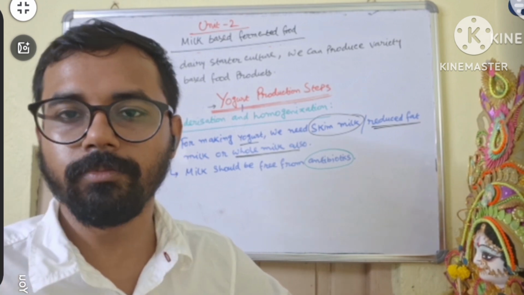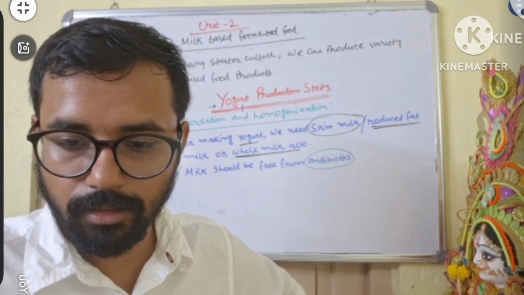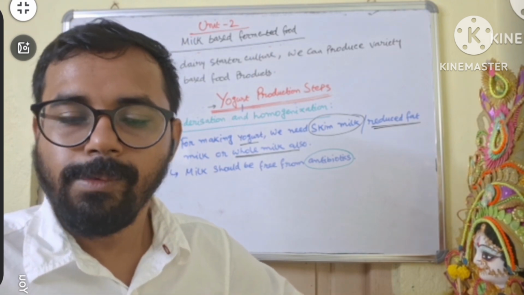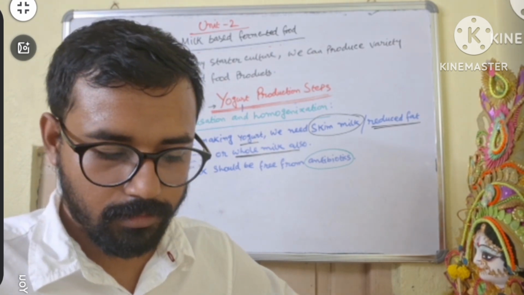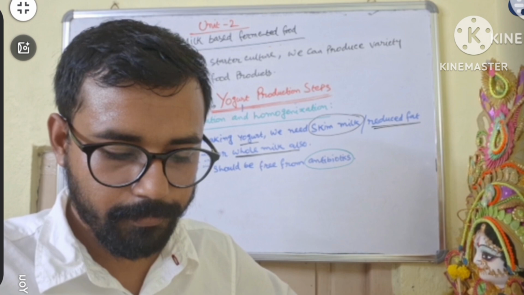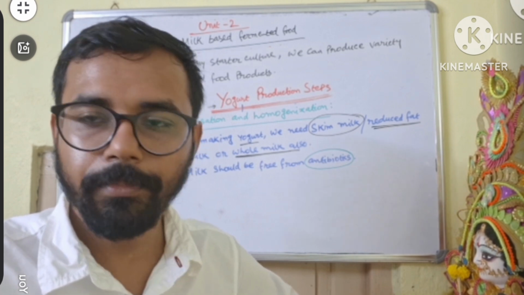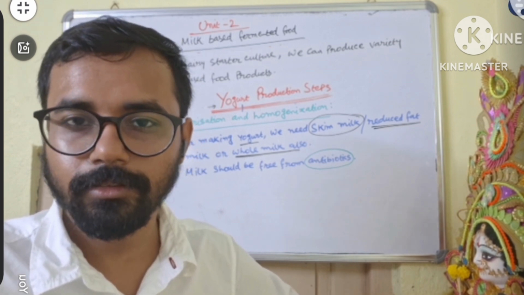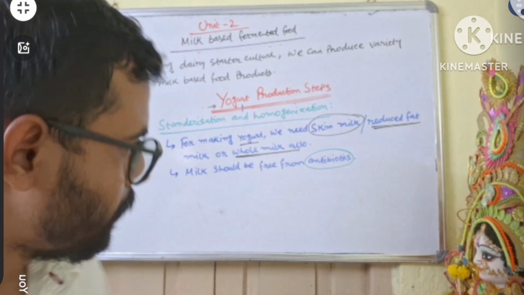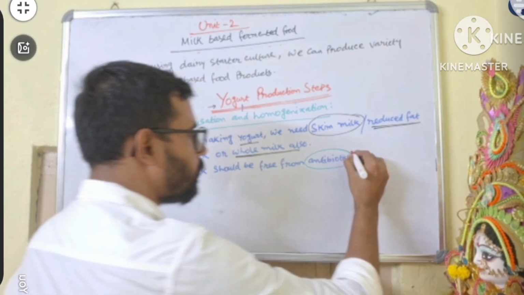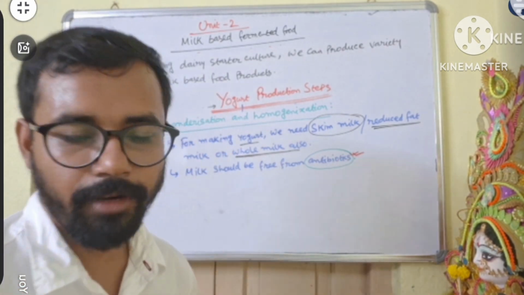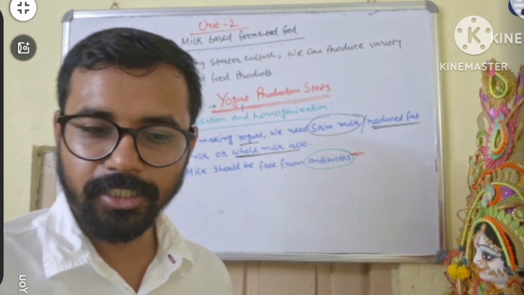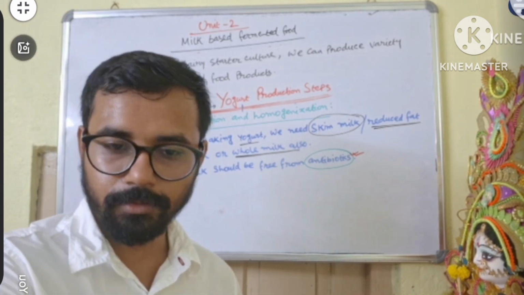What happens if antibiotics are there? Trace amounts of antibiotics are there in the milk. Antibiotics kill the bacteria, that means no fermentation. What is the function of antibiotics? It kills the microbes.